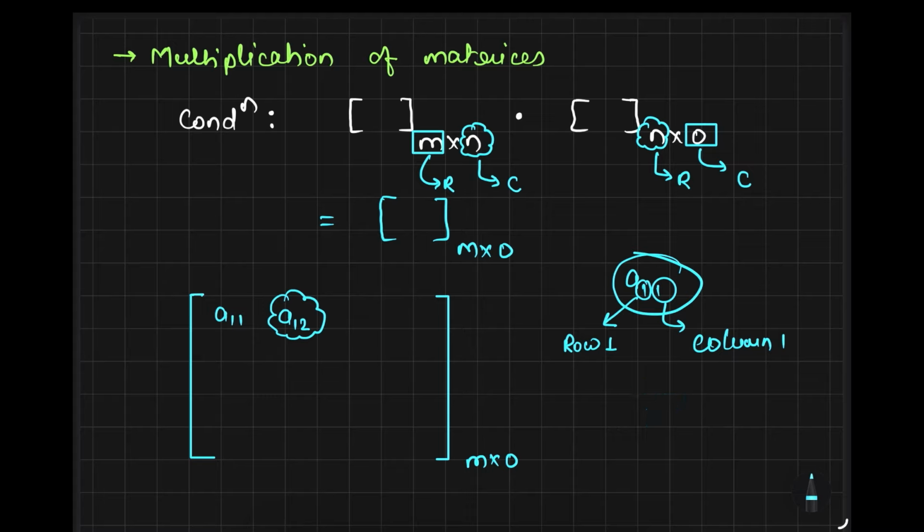Similarly, we will go with A13, meaning to get this element we will multiply row 1 with column 3, and we will keep on going. Similarly, you will get all the elements. I hope till this part you are okay.